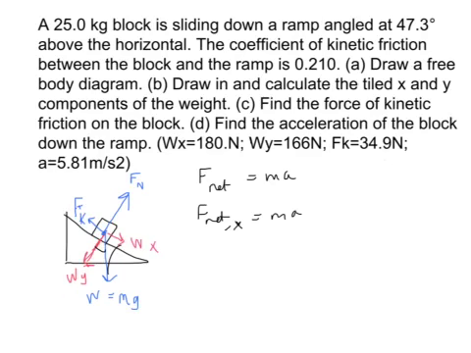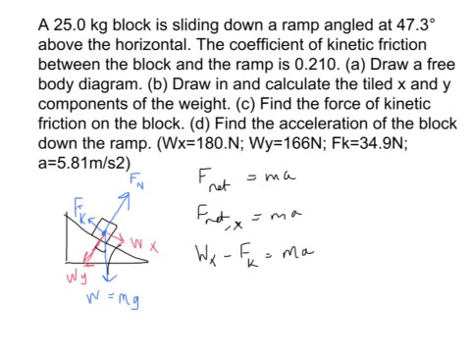They perfectly cancel, this balances out this, and therefore we don't have to consider them at all because they go away. The unbalanced force, the net force, therefore will simply be the unbalanced x force. So in place of F net x, I'm going to plug in Wx minus Fk. And I set that equal to ma.